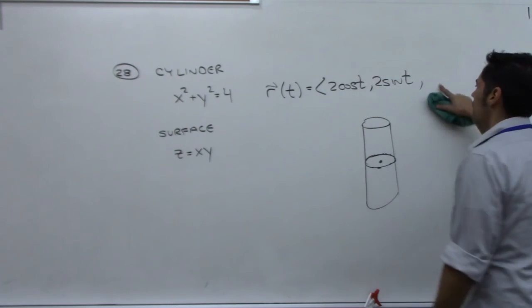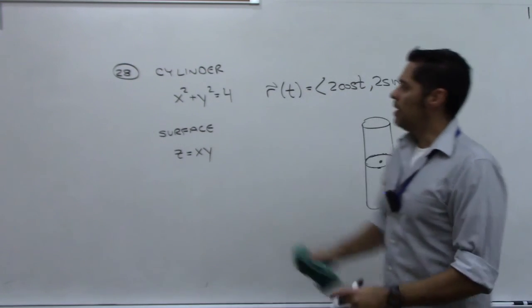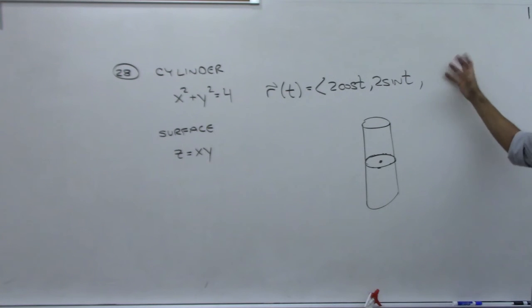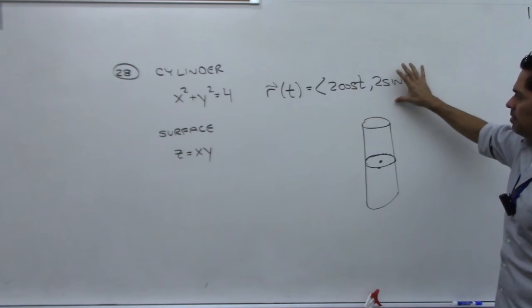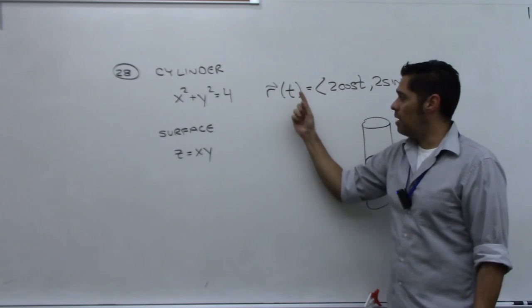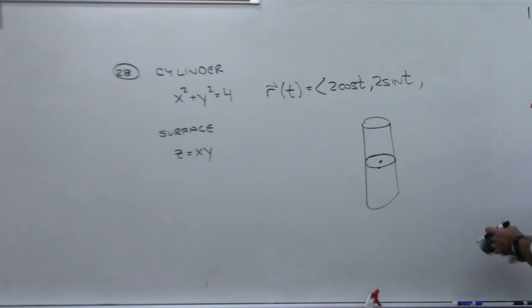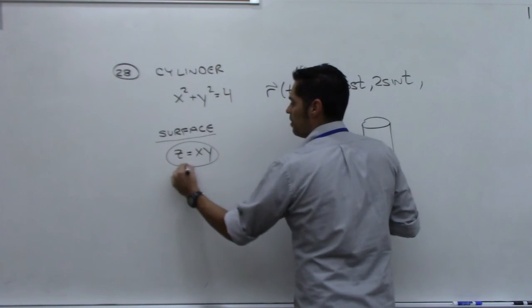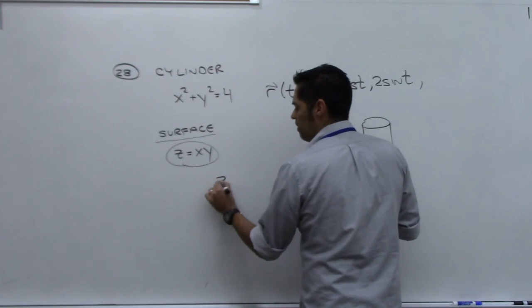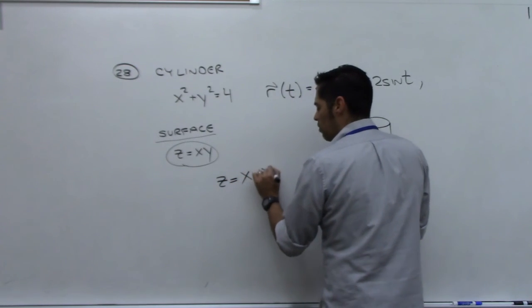The last component for this cylinder, it's free. So how do I say free? Well, I can't. That's why I can't use this to draw the cylinder, because this will draw a curve, not a whole surface. But in order to live on the surface, you must satisfy this equation. So that means your z value must be equal to your x value times your y value.